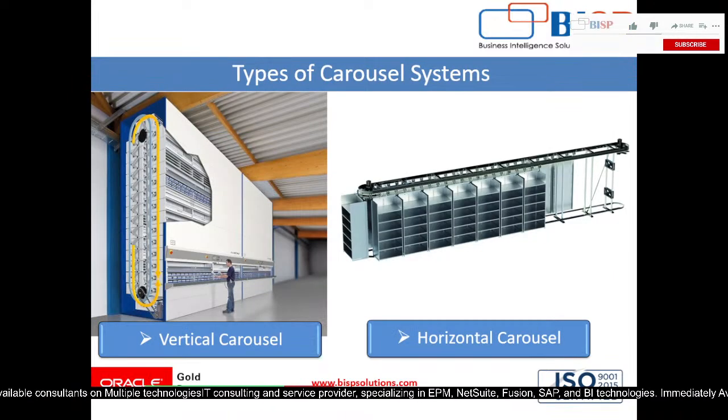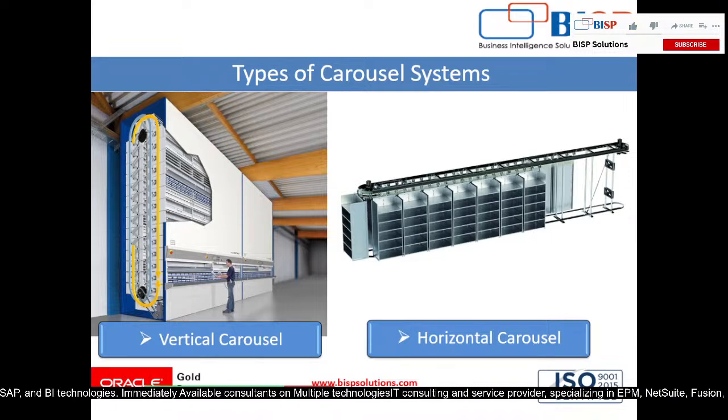You can see on the screen, this is a vertical carousel and this is a horizontal carousel. The vertical carousel rotates clockwise or anti-clockwise vertically on the operator's demand and displays the shelves in a window, as desired for picking.